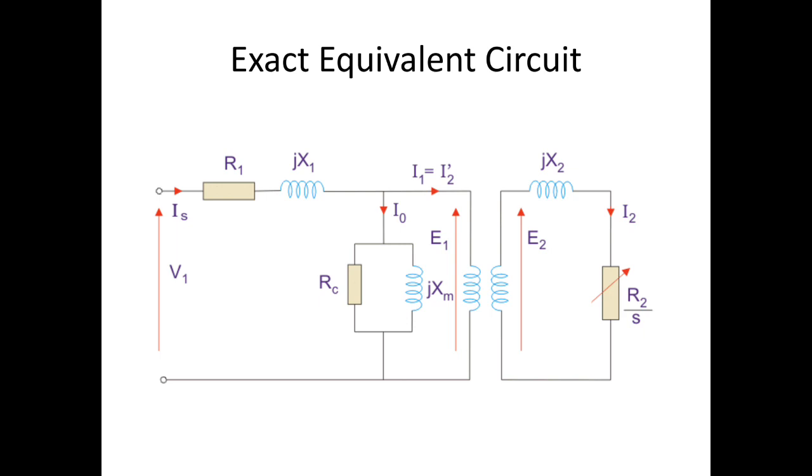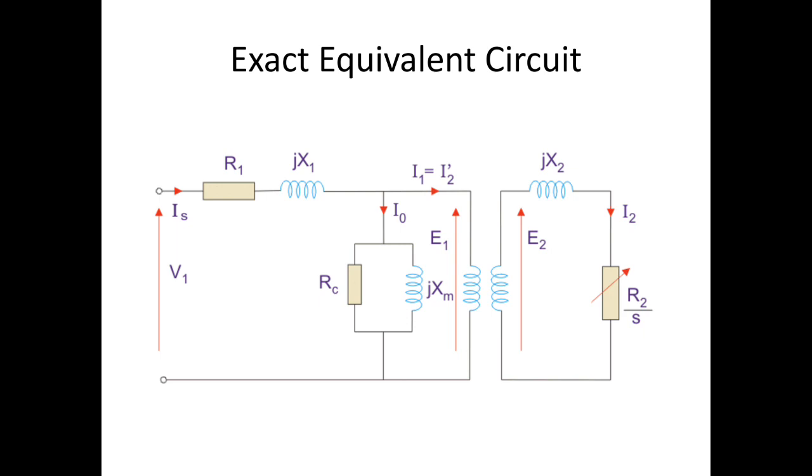X2 is the reactance of my rotor. I2 is the current of the rotor. R2 divided by S is the resistance of your rotor. E2 is the EMF generated in your rotor. This is the equivalent circuit of your three-phase induction motor.